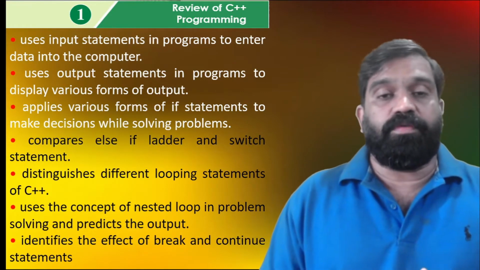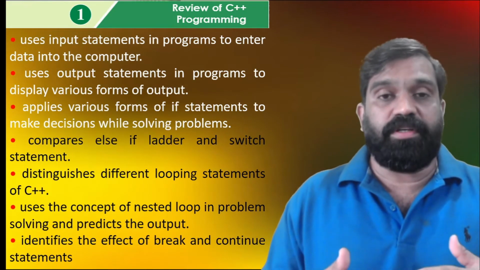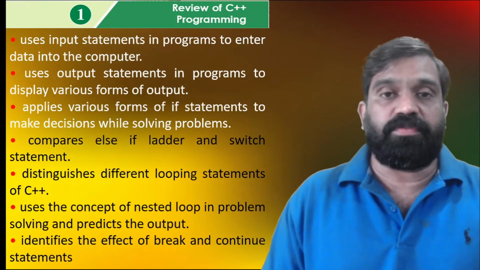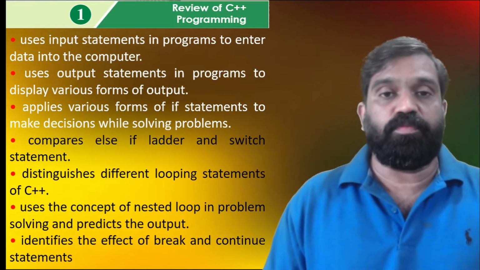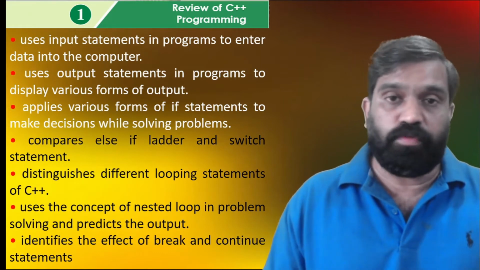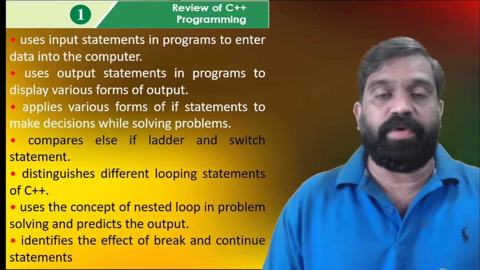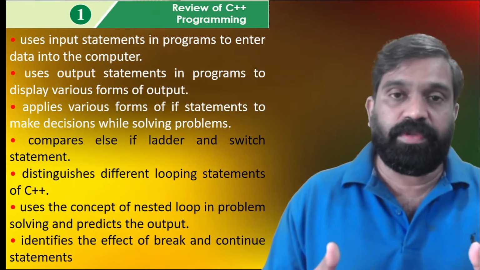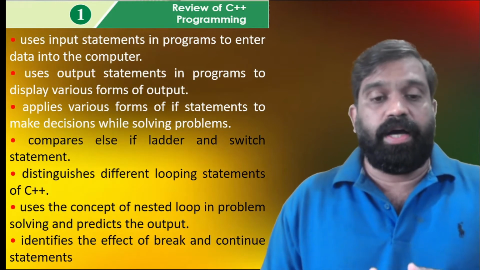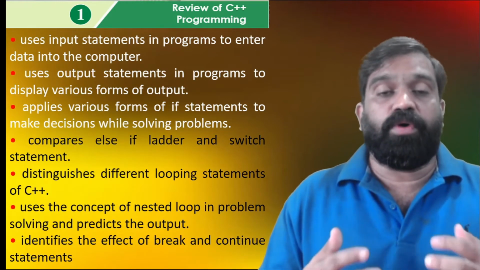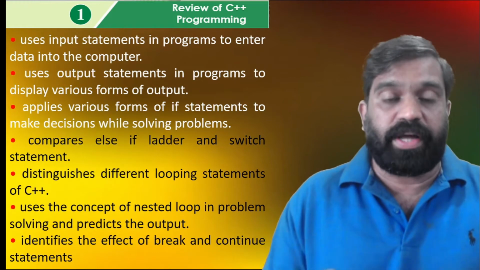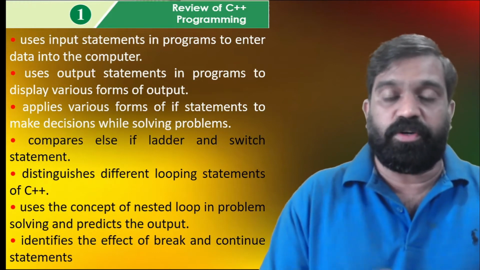Moreover, different loops can be compared. Different types of loops are there: do while loop, while loop and for loop, etc. Among them, the difference between entry control loop and exit control loop should be learned properly. And we have to learn how to dry run a nested loop.